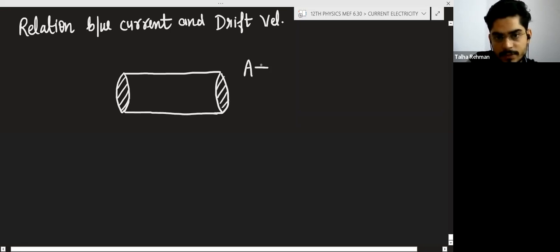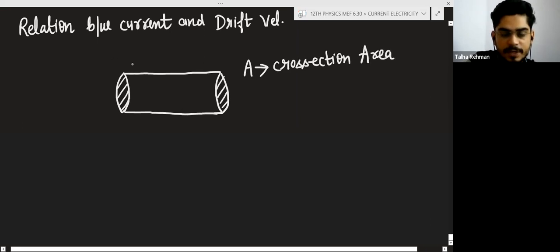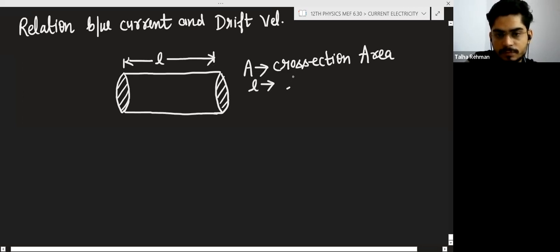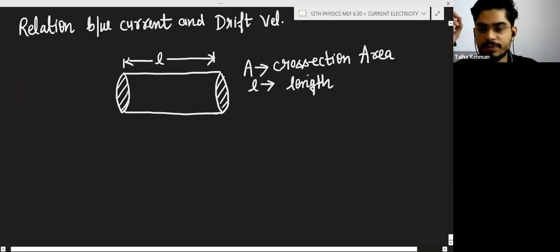A is the cross section area. And I am taking L as the length of conductor. This is L, the length of the conductor, and we have to define a relation between the current and the drift velocity.